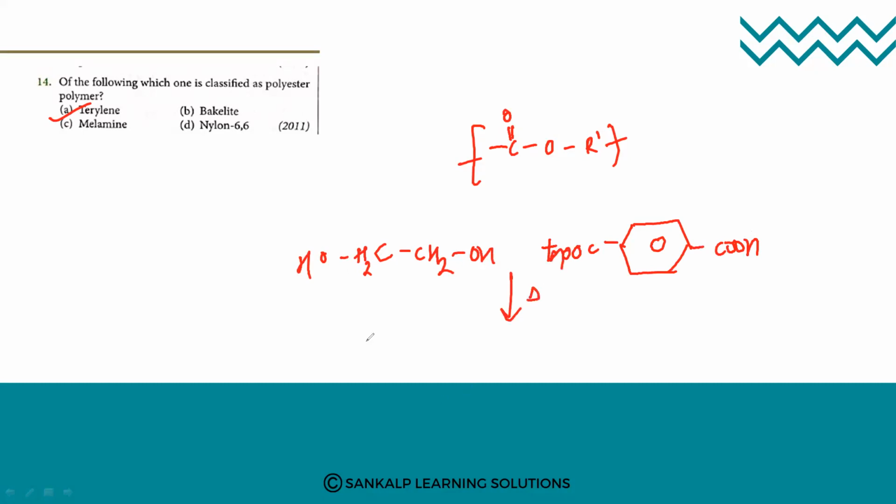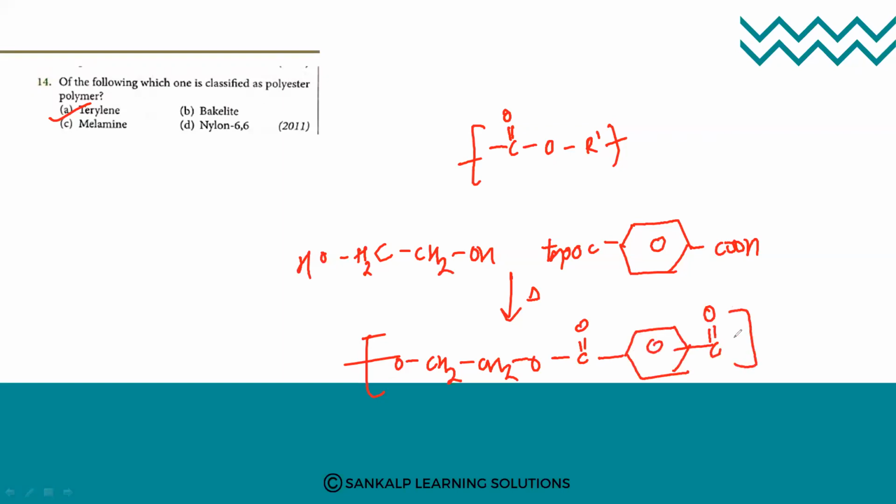When you heat it, it forms O, CH2, CH2, O, then C double bond O. So this is the structure of terylene, which is also called Dacron. It is an example of polyester.